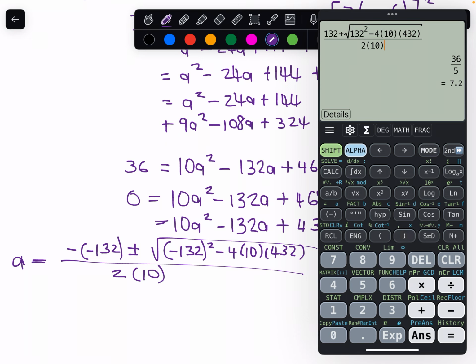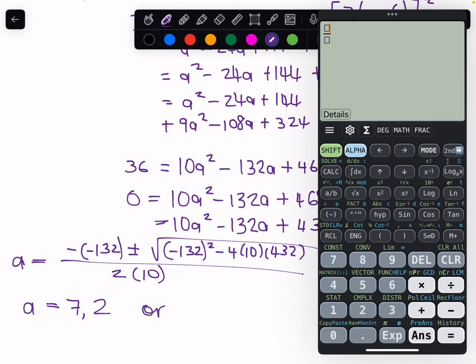Okay, so option number 1 is a is equal to 72. Oh, that looks weird. Okay, so that would be 36 over 5. Okay, actually 72 is just more intuitive. 36 over 5 is not giving me a warm fuzzy feeling.